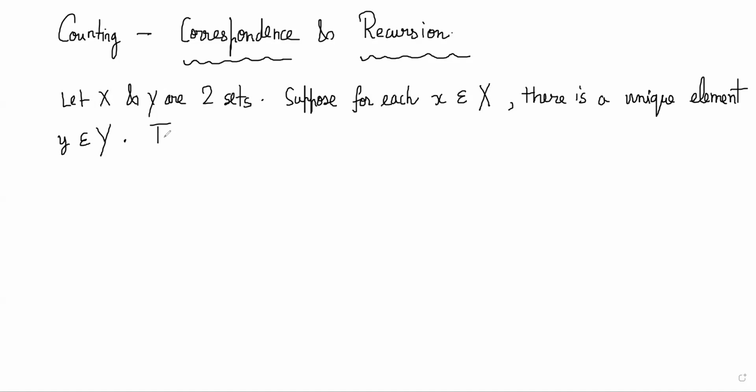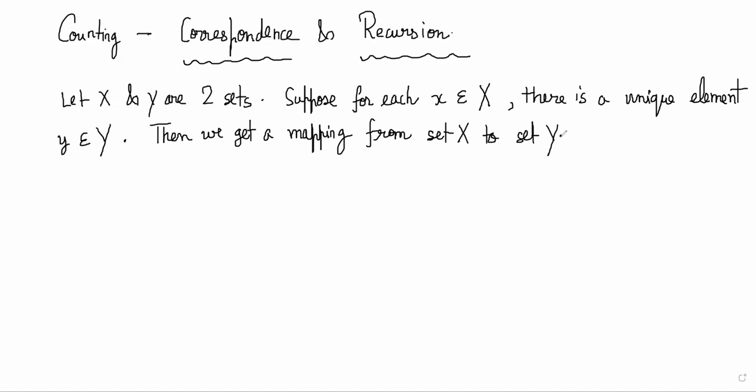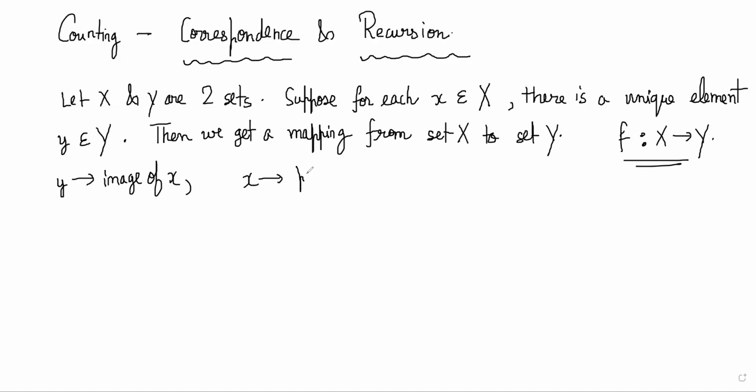Then this means that we have established a function or a mapping from set X to set Y. And we denote it in symbols like this, f from X to Y. Now, here, the small y is called the image of x and small x is called the pre-image of y. So these are some basic terminologies.